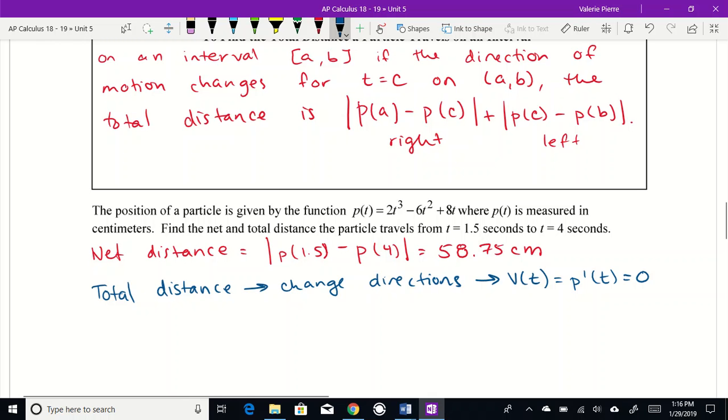Right? So p prime of t, which is v of t, is equal to 6t squared minus 12t plus 8.